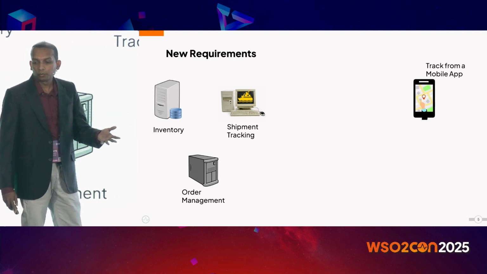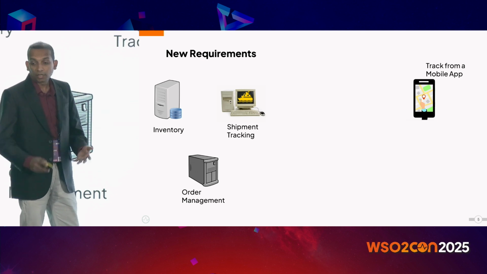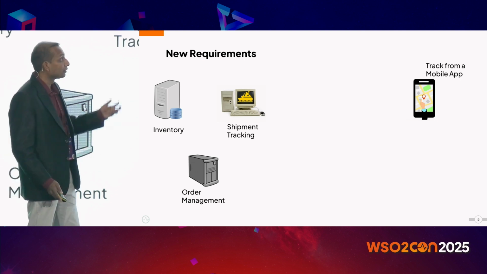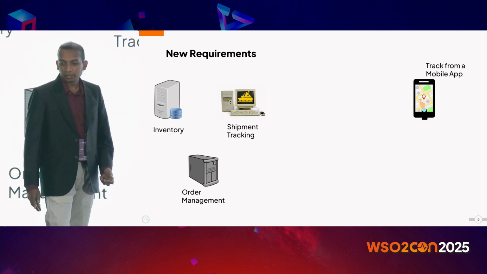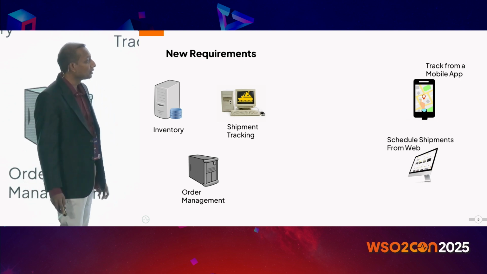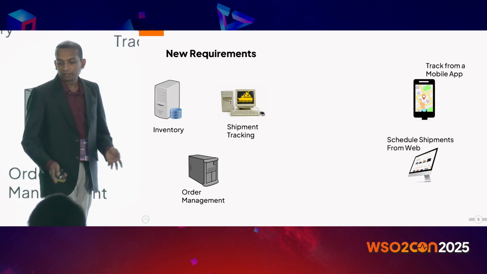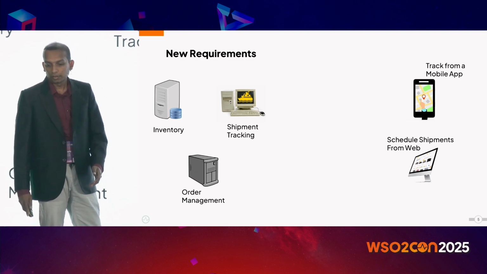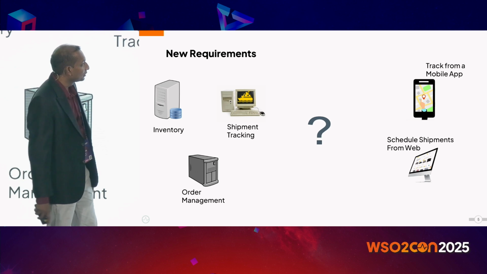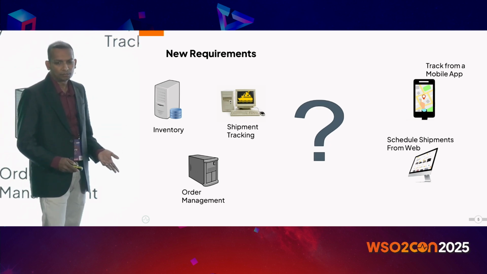Specifically, they wanted to bring a mobile tracking application where their customers can track the shipment using mobiles, and also a web-based system that offers their customers the ability to place shipments through the web. So with these legacy systems, how can they get this done?